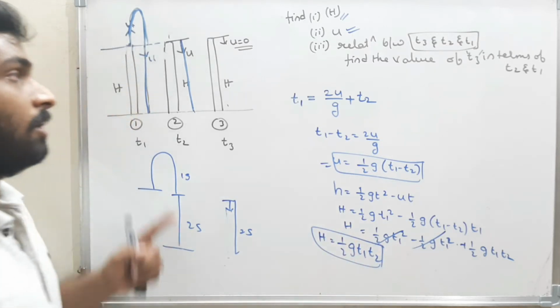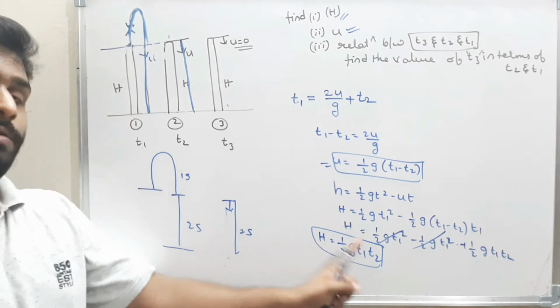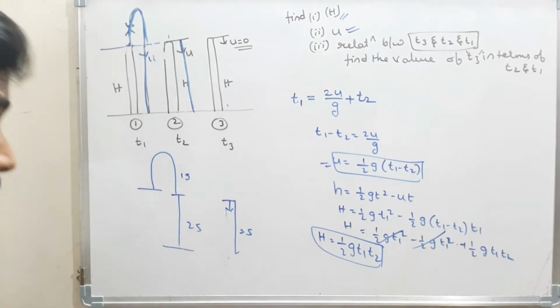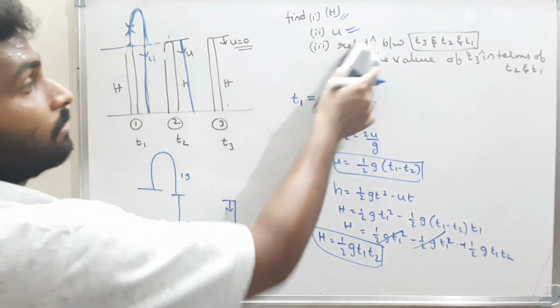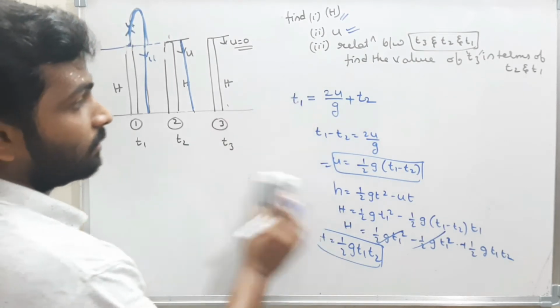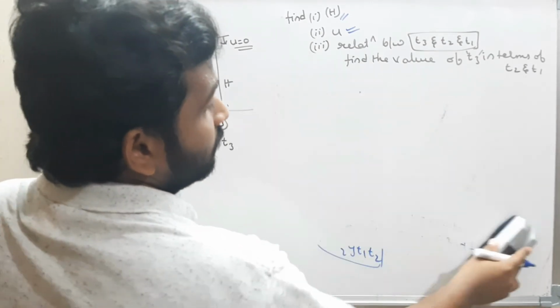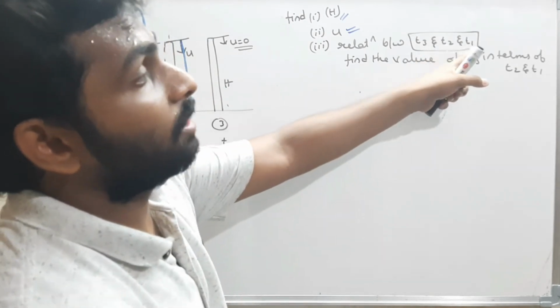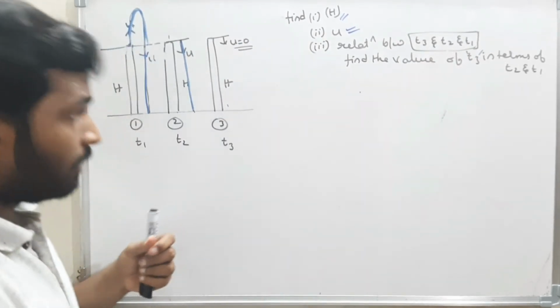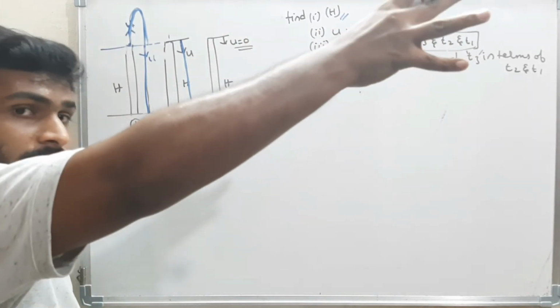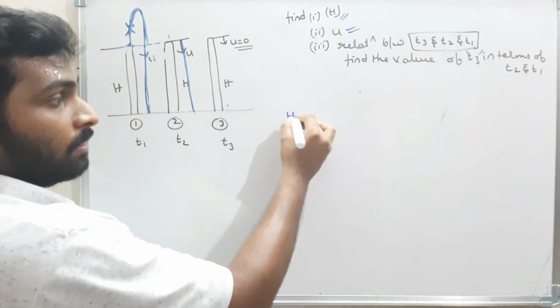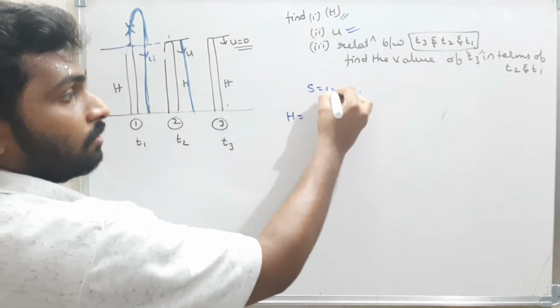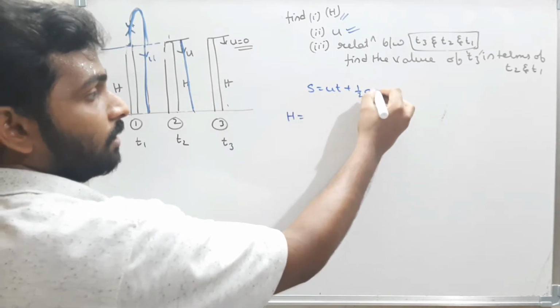The height of the tower I will get by the formula half g t1 into t2. Okay, well and good. Now next one: the relation between T3, T2 and T1. Now see, whenever I leave a body freely, s is equal to ut plus half at square.